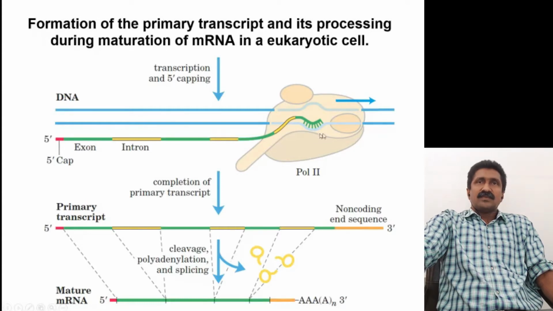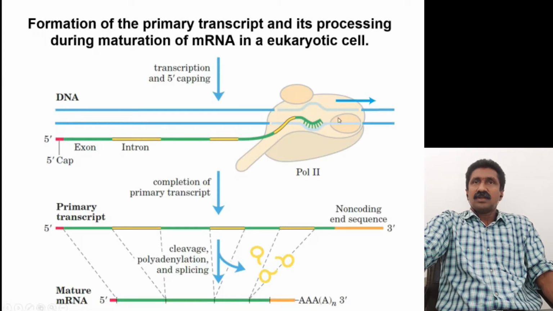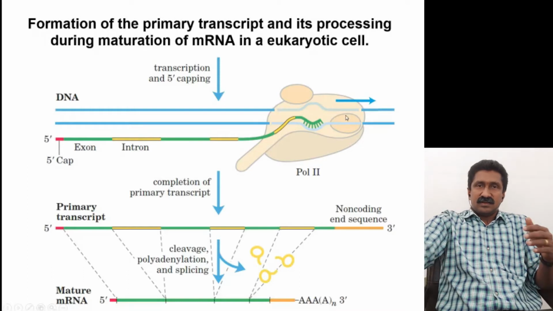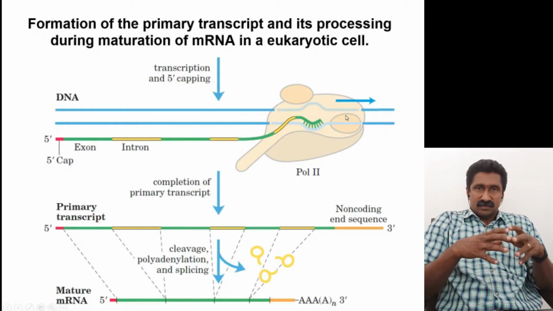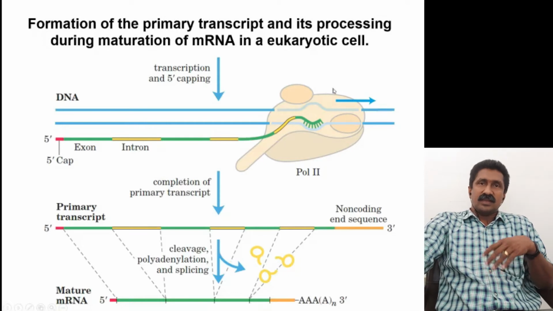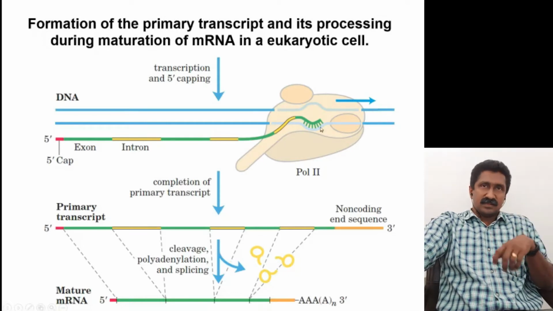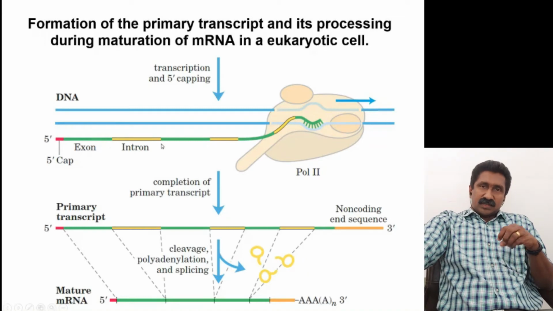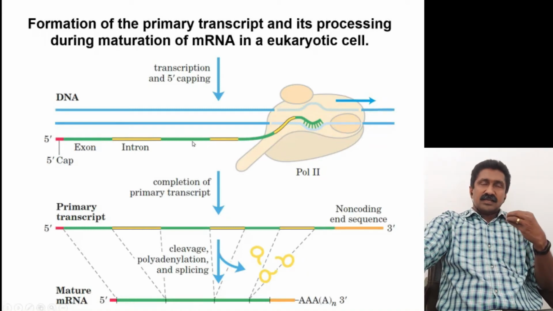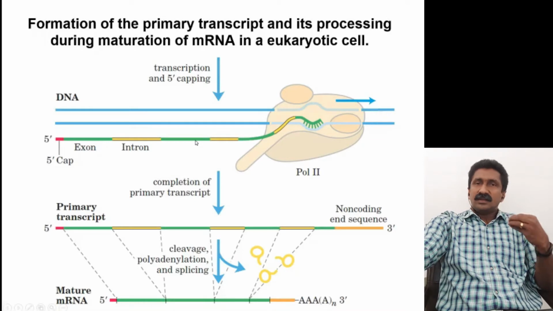Now from the DNA, the polymerase II of the eukaryotic system will produce a transcription bubble, and starting from the transcription bubble, the RNA polymerase II will proceed in this direction, unwinding the DNA strands, and the bubble will extend in this particular direction, and the primary transcript or the RNA is coded from that DNA template.